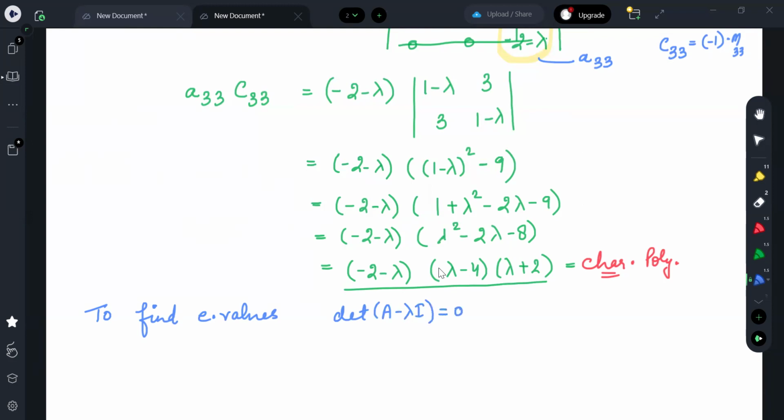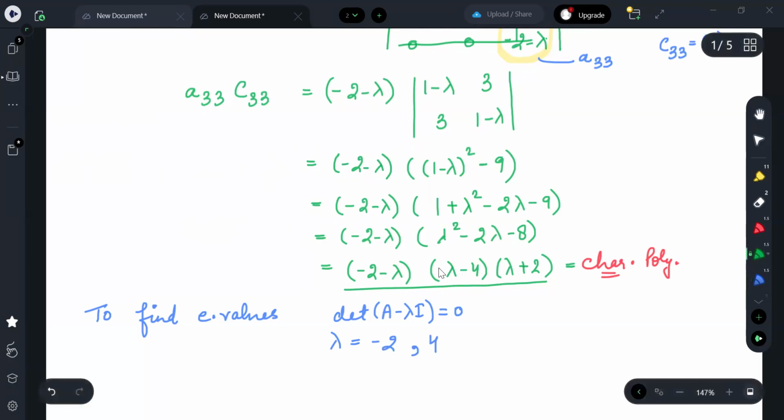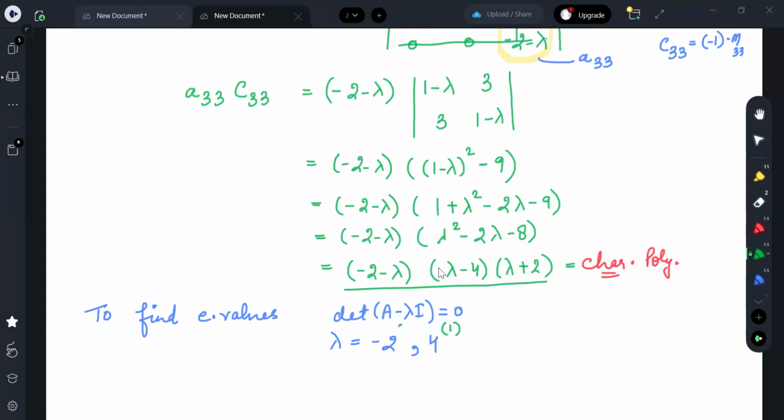By making it 0, I get two values. Lambda equals -2, and lambda equals 4. Now, if we recall the multiplicity notation, 4 is appearing once, so 4 has multiplicity 1. -2 appears twice, so it has multiplicity 2.